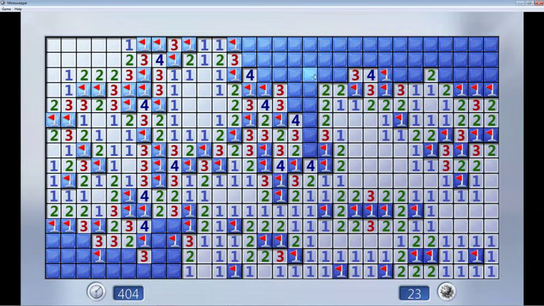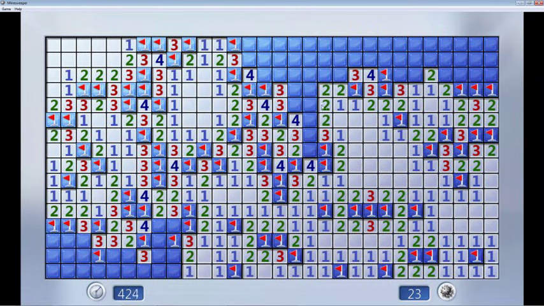Okay, I can argue that there's no mine over here. The reason for that is because we know that there's a mine here or here. We don't know which cell, but there's a mine here. So that means there's only 1 mine remaining among these 3 cells. So there's 1 mine remaining among these 3 cells, and there's a 2 over here.